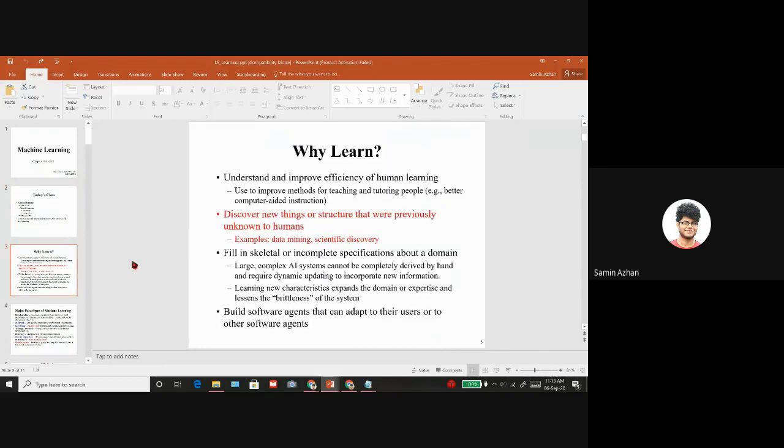So first, we should understand why it's important for us to learn machine learning because we have to understand and improve efficiencies of human learning. We humans are pretty limited, and compared to machines, we are pretty slow and inaccurate.